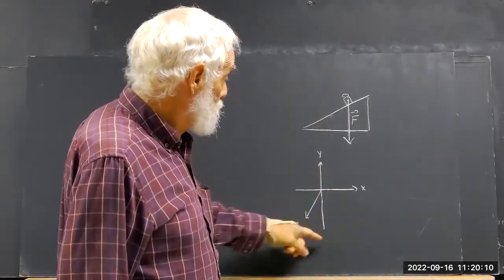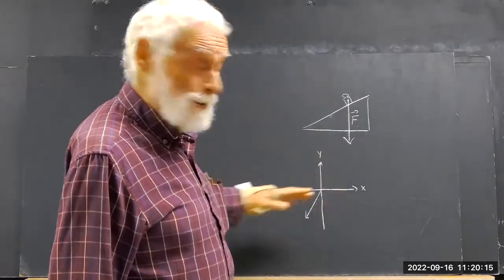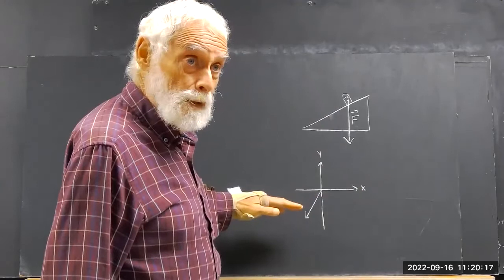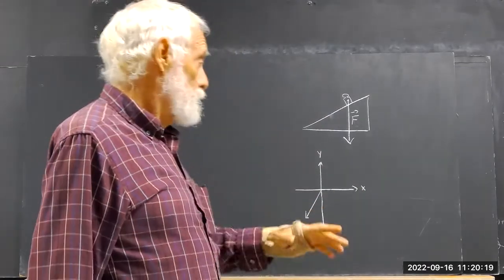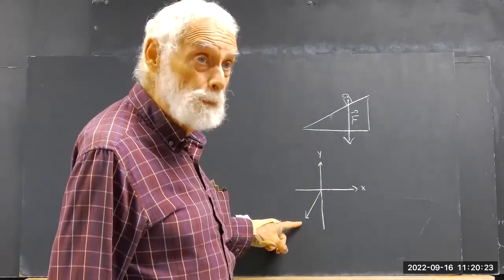So if you draw your coordinate system like this with this picture, then Y is straight up and down and X is this way. Now the picture that you get if you use a different coordinate system is going to look a lot like this, but the force is going to be straight down.